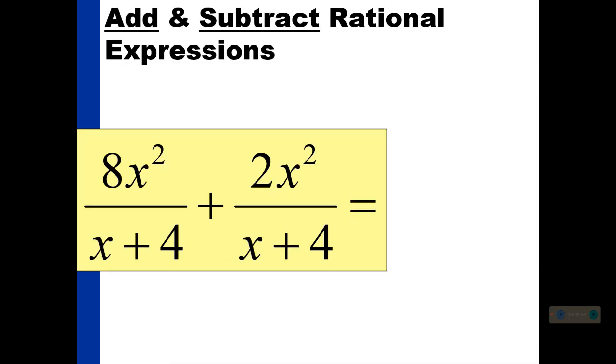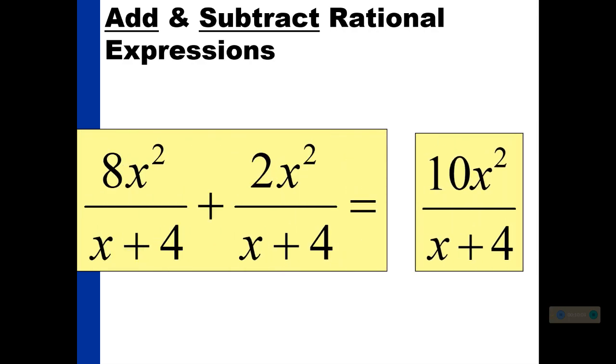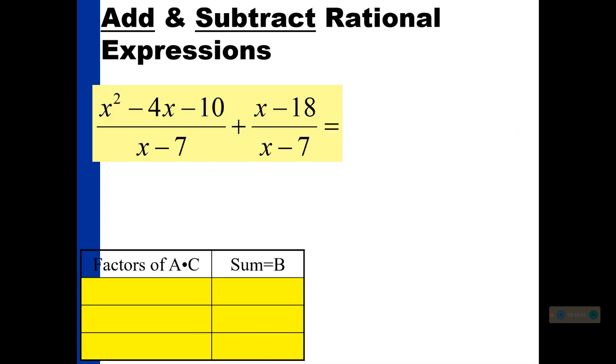Next, we have 8x squared over (x plus 4) plus 2x squared over (x plus 4). Okay, so we have here 10x squared over (x plus 4). Okay, next, let's have (x squared minus 4x minus 10) all over (x minus 7) plus (x minus 18) all over (x minus 7).